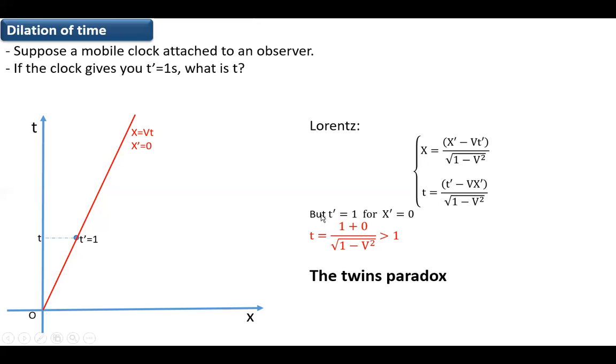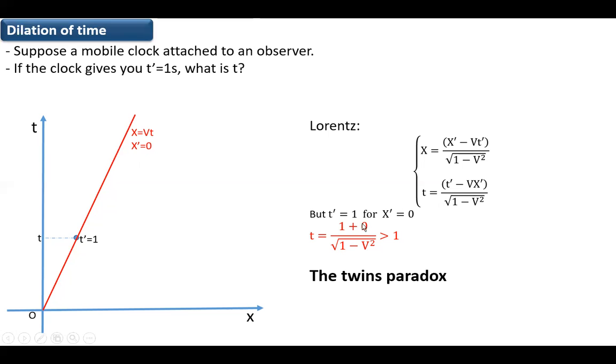given our conditions that t prime is equal to 1, for x prime equal to 0, because this red line, which is t prime, corresponds to x prime equals 0. So for the point where t prime is equal to 1, we also have x prime equal to 0. If you take the equation of t, t is equal to t prime, which is 1, minus vx prime, which is 0.